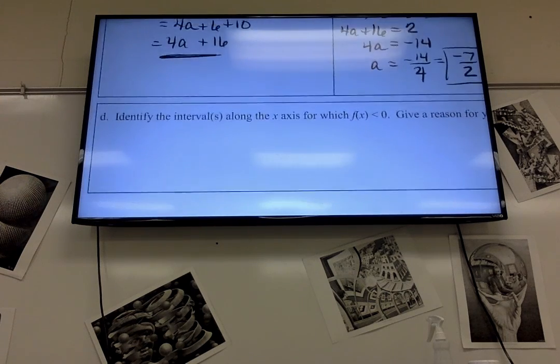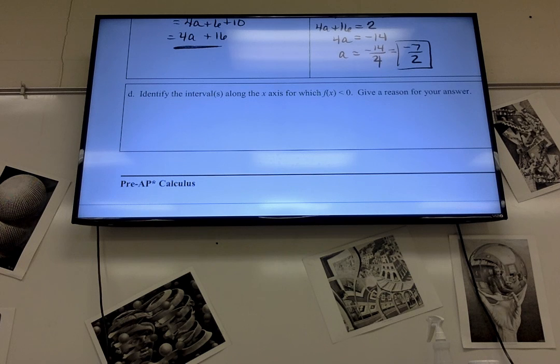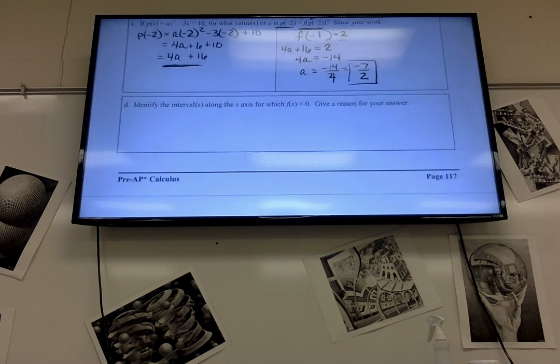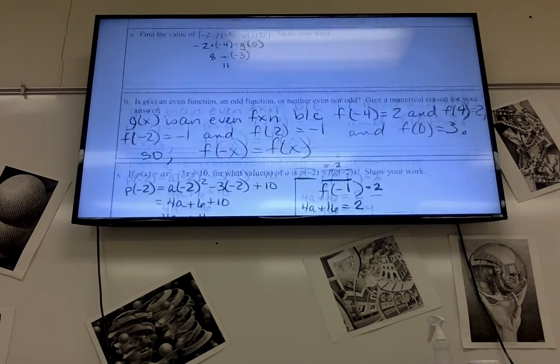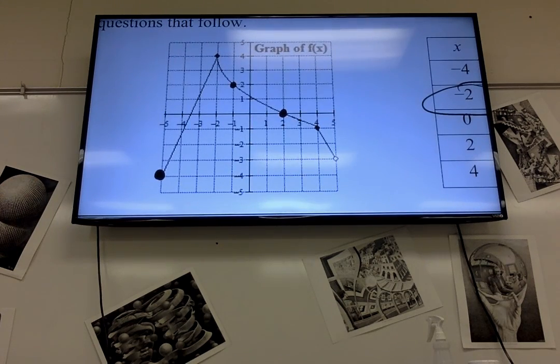And then part D, identify the intervals along the x-axis for which f of x is less than 0. Give your answer. All right. So we look up here. Here's f of x. It's less than 0 here and here. We have to be careful about setting up those intervals.